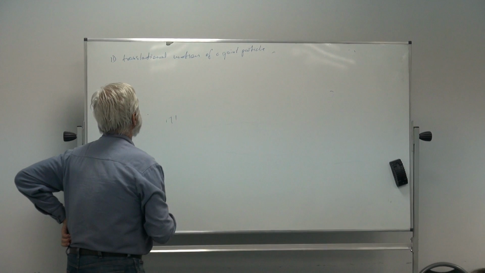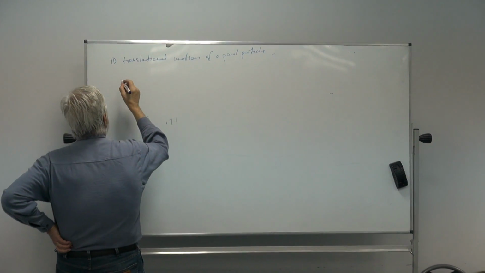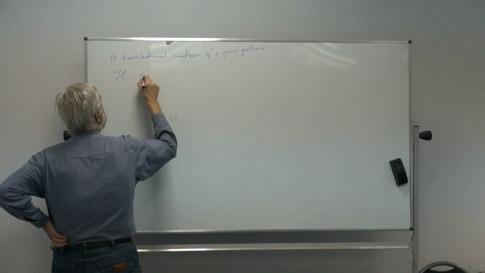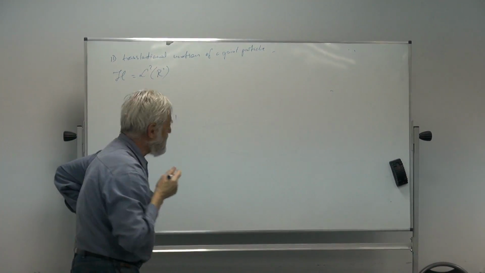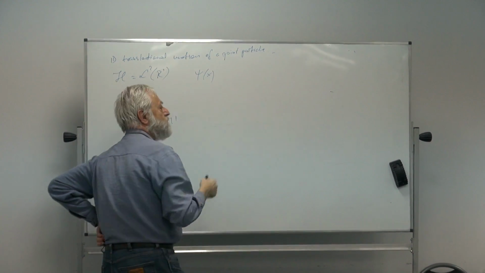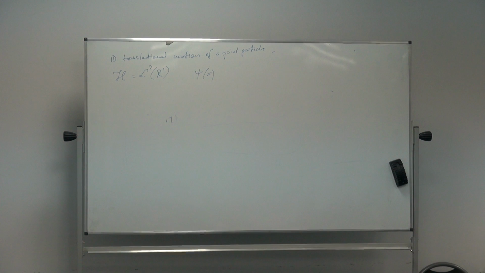Then you will not be surprised that in this case our Hilbert space is just the L-square integrable functions over R1. So in other words, our states will be psi of x, which squared and integrated from minus to plus infinity give 1.